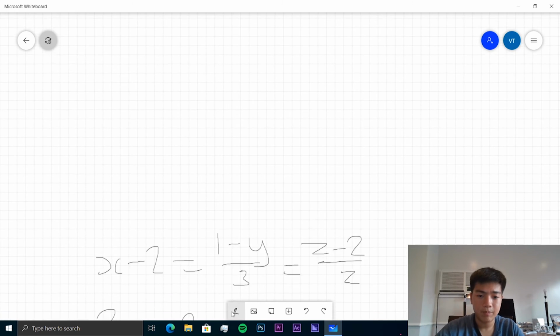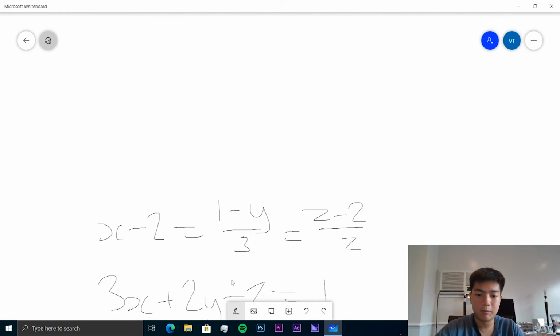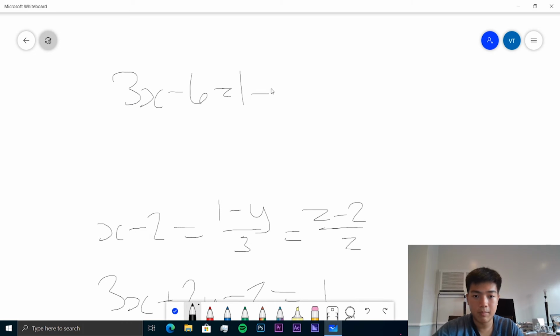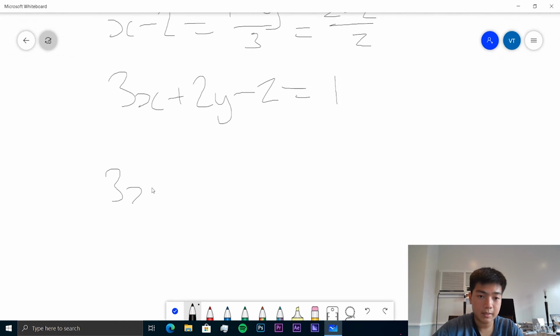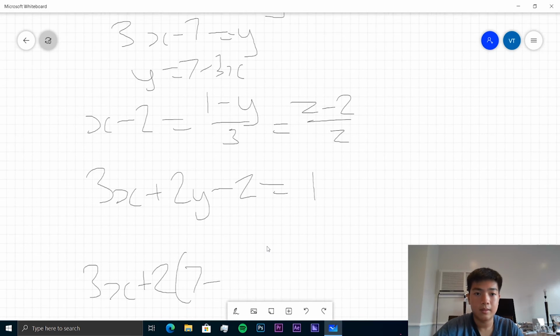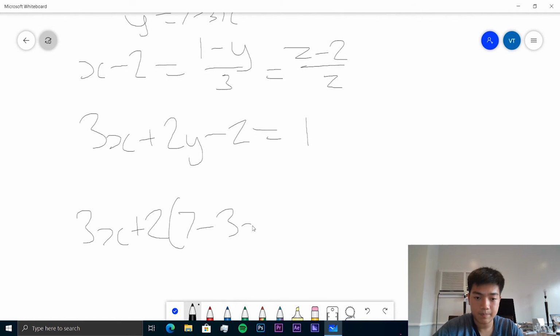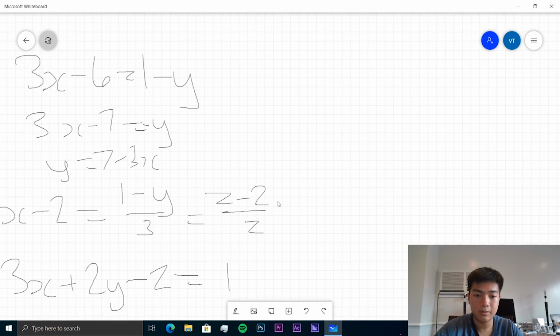So we need to express y in terms of x. We have 3x minus 6 is equal to 1 minus y, so y is equal to 7 minus 3x. So we have 3x plus 2 times (7 minus 3x) minus z is equal to 1.